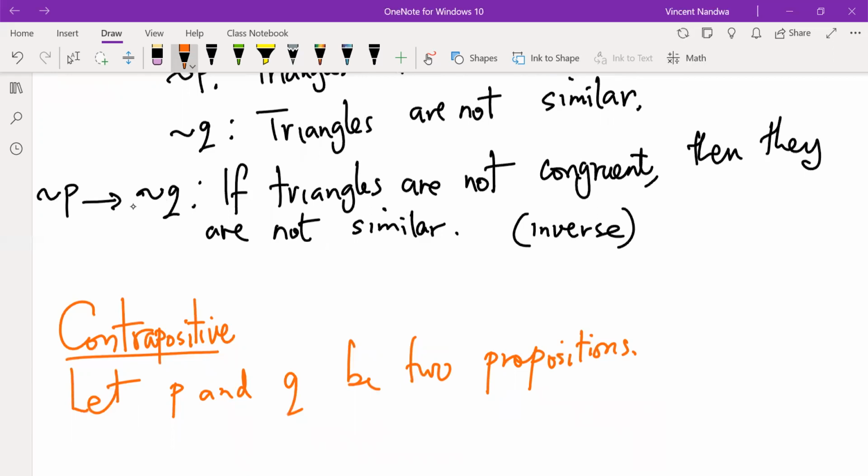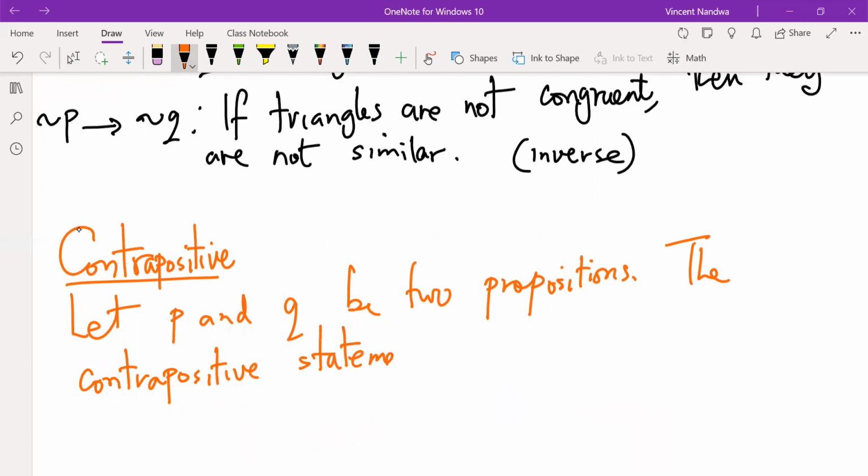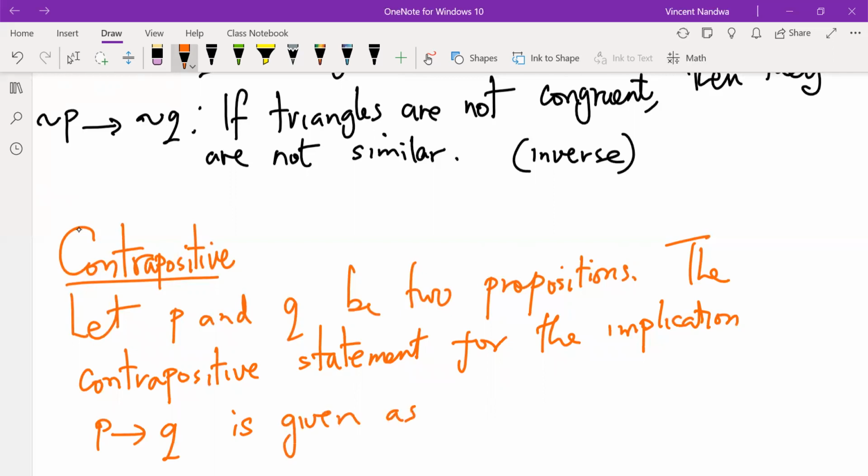The contrapositive statement for the implication P implies Q is given as not Q implies not P. So you see what you're doing, we negate both P and Q, but then we reverse the order.